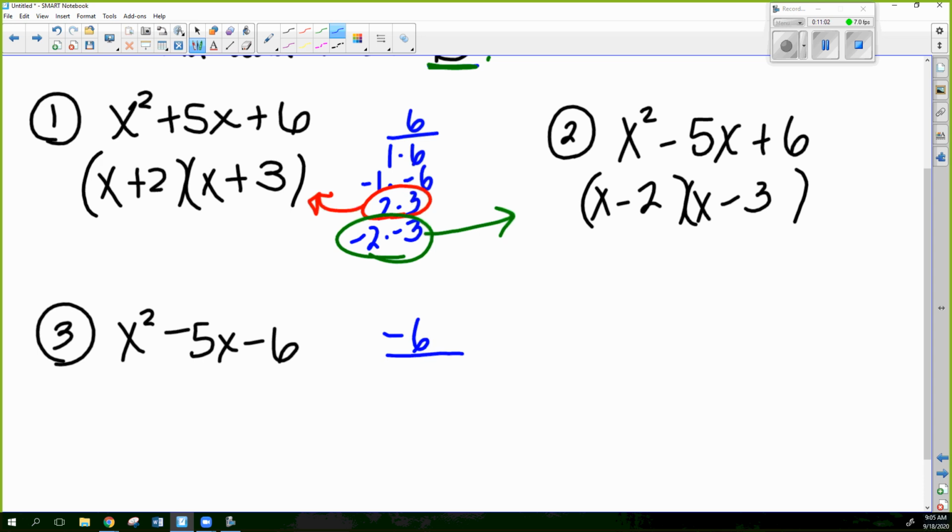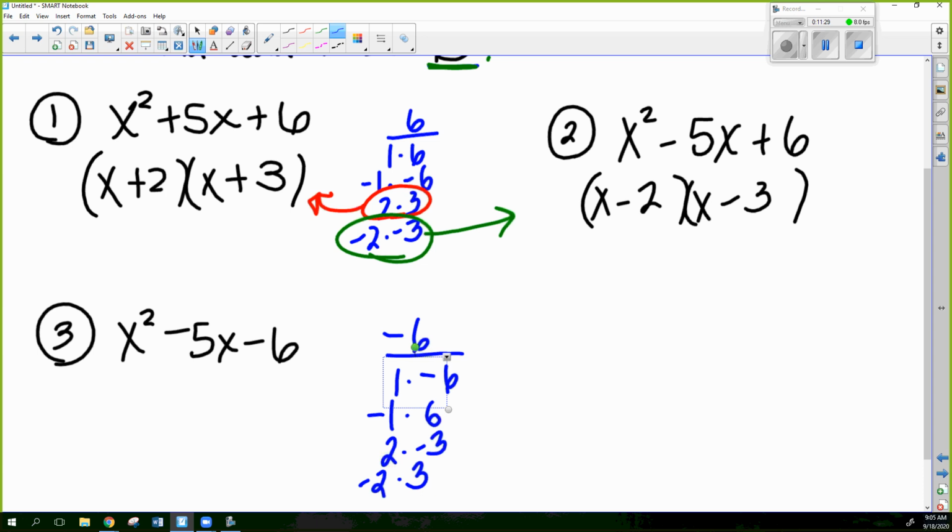Well, what are my options? I could do a positive 1 and a negative 6, or I could do a negative 1 and a positive 6. I could also do a positive 2 and a negative 3, or a negative 2 and a positive 3. I'm just giving you options, okay? Those are all the possible ways to get negative 6.